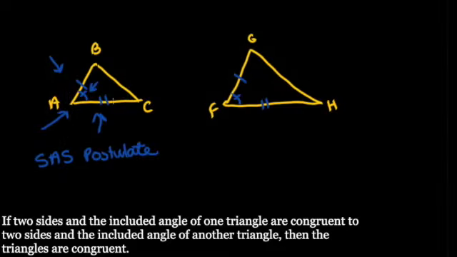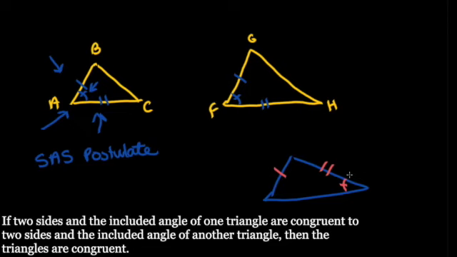So what it means by included angle is basically that the known angle is going to be sandwiched between our 2 known sides. So if I were to draw another triangle down here, and let's say you were told that this side and this angle over here were congruent to those same sides in another triangle.